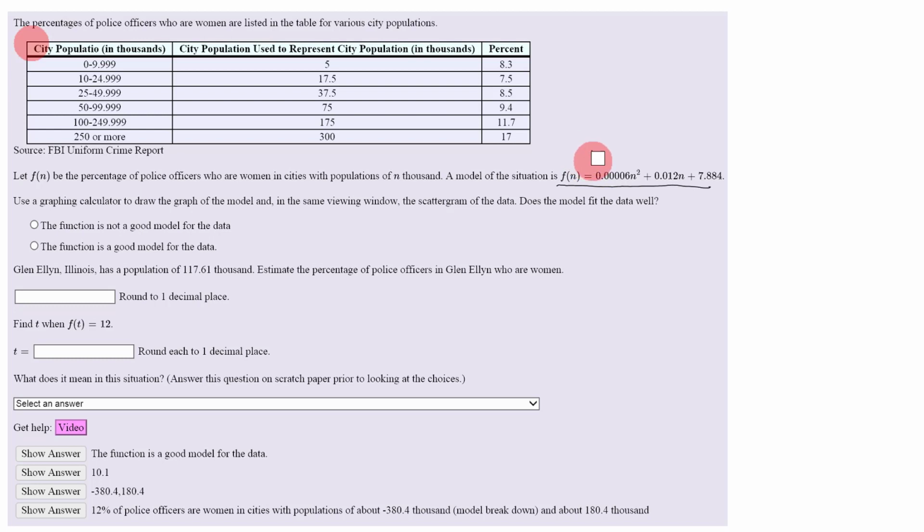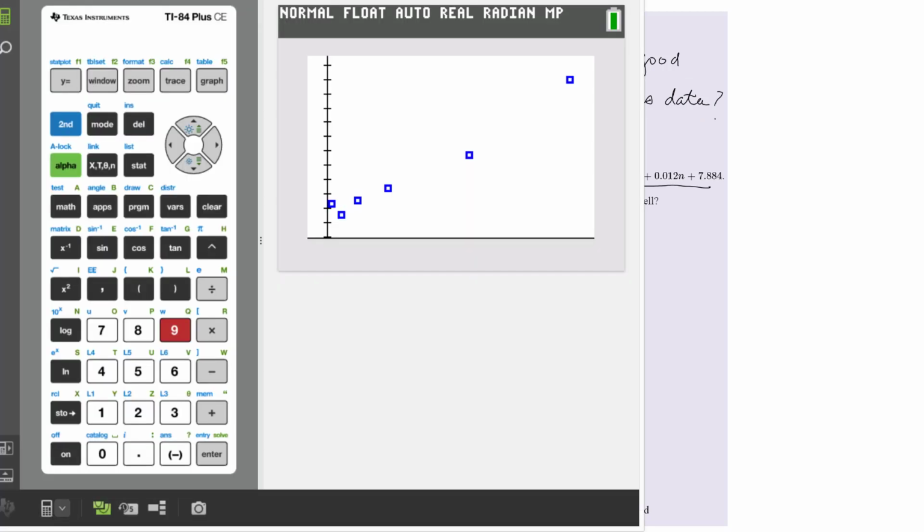So in order to see if f of n is a good model for this data, is f of n good for this data? The best way to determine this is to actually just graph the function itself. So let's go ahead and put f of n in the calculator.